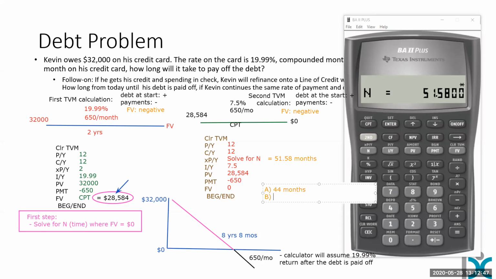Answer B will be 52 months. Answer C will be 60 months, whatever. And answer D will be 76 months. Or it might be months and years, however, right? And what's the correct answer here?